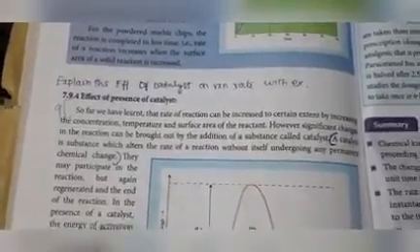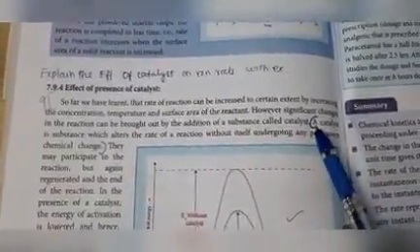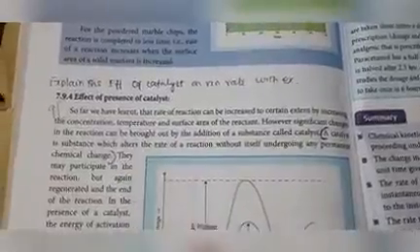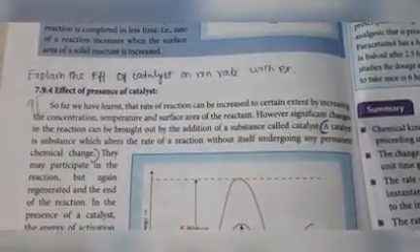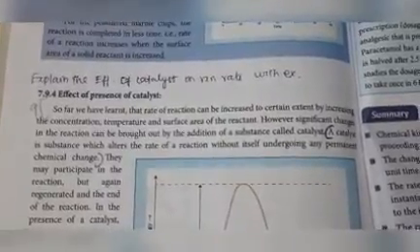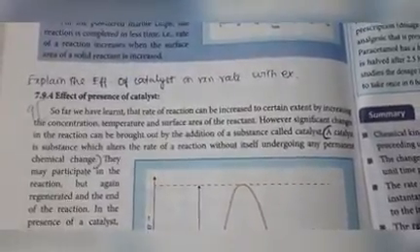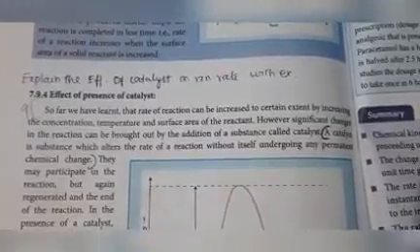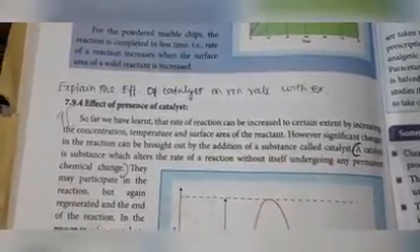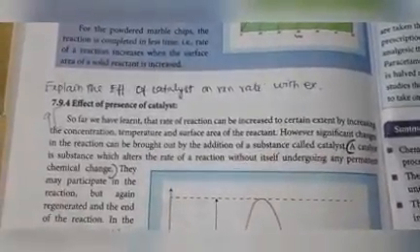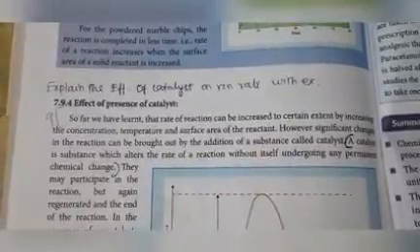What is a catalyst? The definition is given here. If they ask you to define catalyst, you have to write these 3 lines. A catalyst is a substance which alters the rate of the reaction.